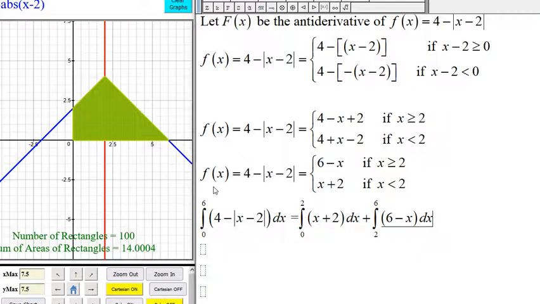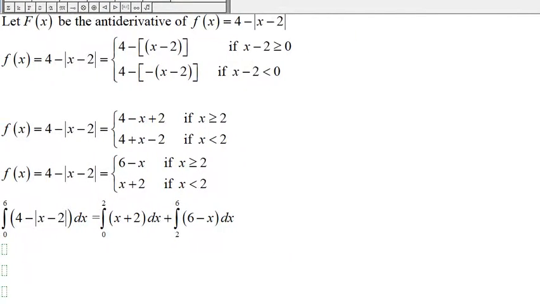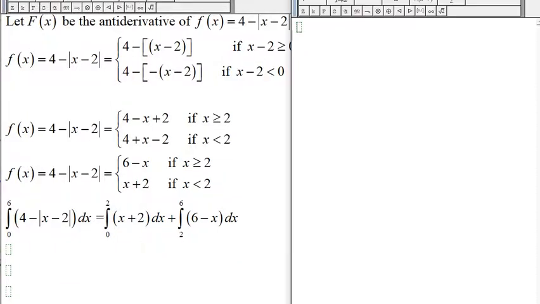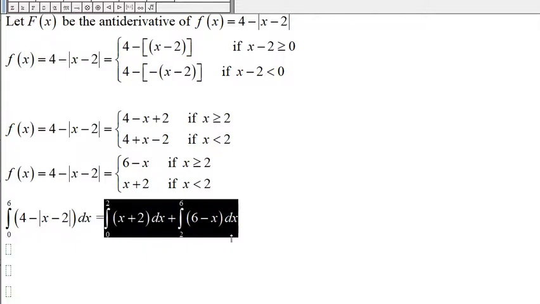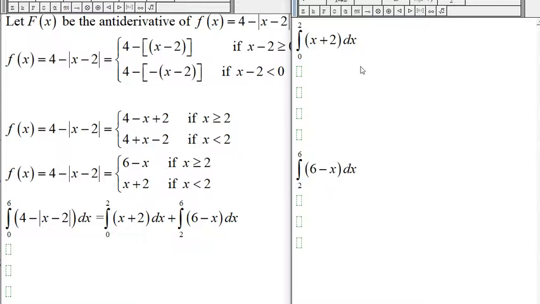Now we need to evaluate the two definite integrals separately. Let's do this one first, and then we'll do the other.